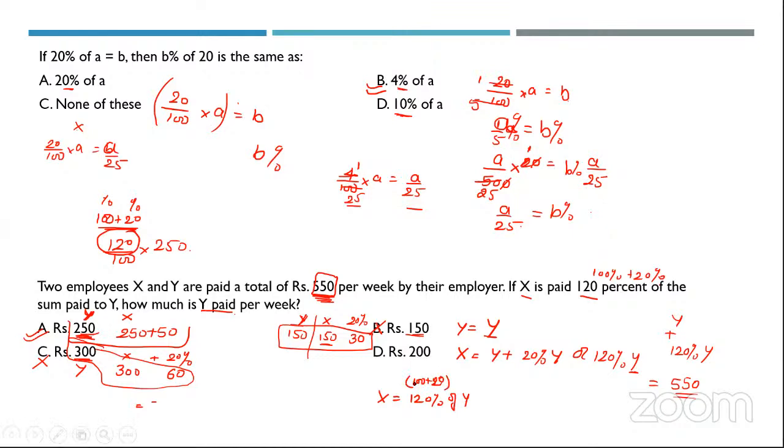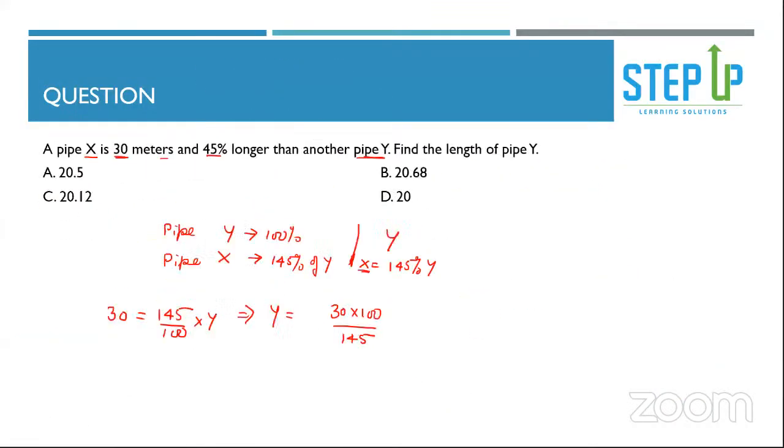Similarly, this one also will be 145% of Y. But we know X length is 30 meters. So 30 into 100 by 145. This can get cancelled with 5. So 5, 6, 30, 5, 2, 9. So you are getting 600 by 29, right?